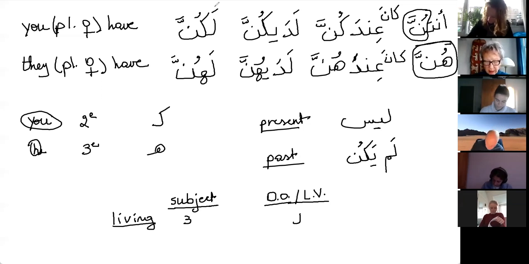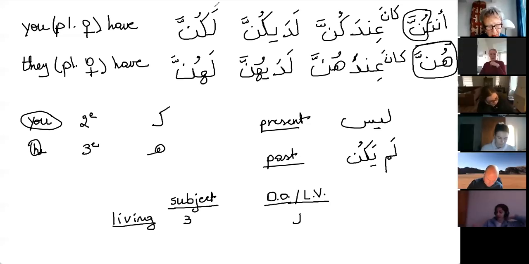Next one: this house has a large bathroom. هذا البيت له حمام كبير. Tell me now, why did I use له here? Because it's masculine, and because the bathroom is inside the house.